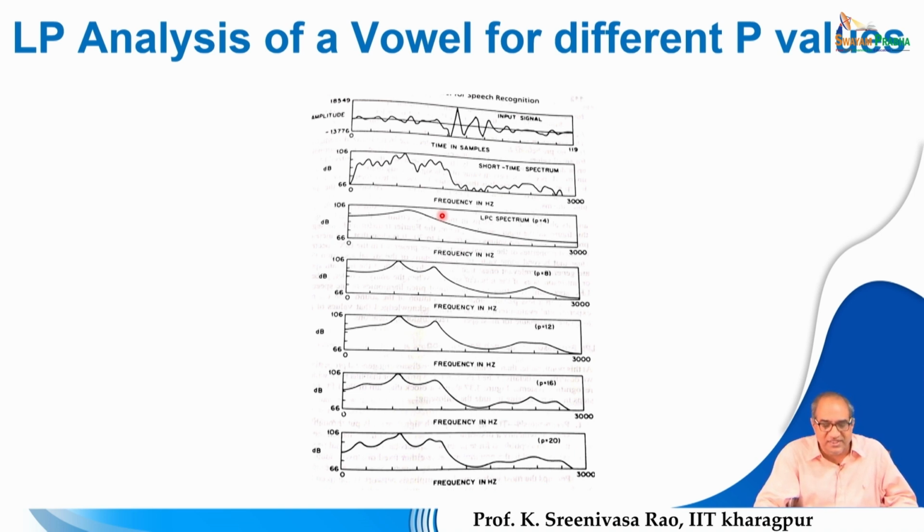The same thing we analyzed in the case of error, right. When you are analyzing the error in the prediction with respect to prediction order, as we have seen, as you increase the prediction order, that is, if you perform the analysis with more and more history, prediction order P is more, then obviously the error will come down, because you are taking more and more previous samples for predicting the present sample.